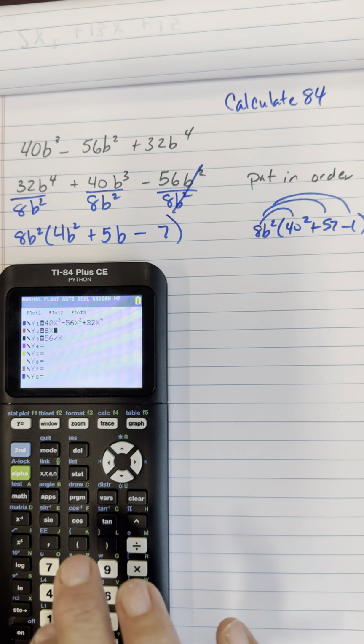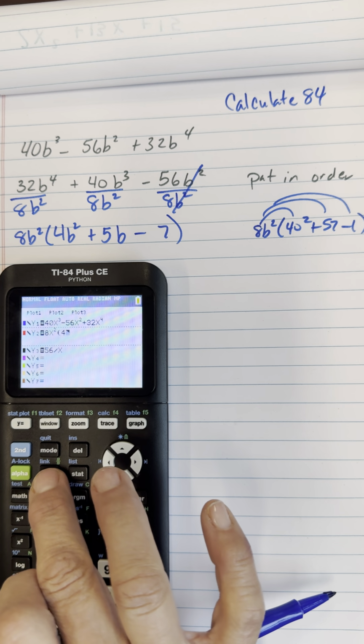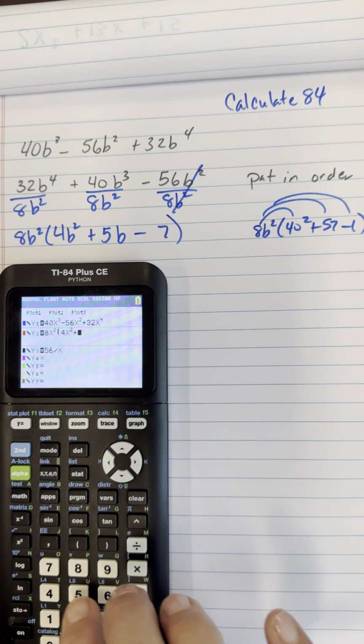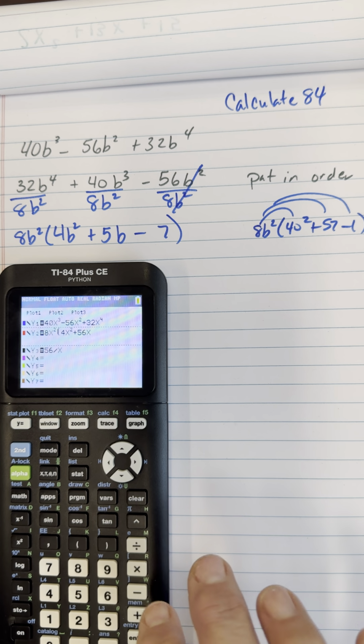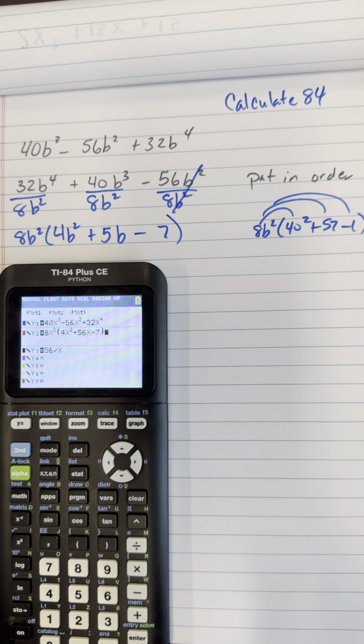And again, no matter what the letter is, you've got to use x, but in Get More Math, you've got to use the letter that you were given.